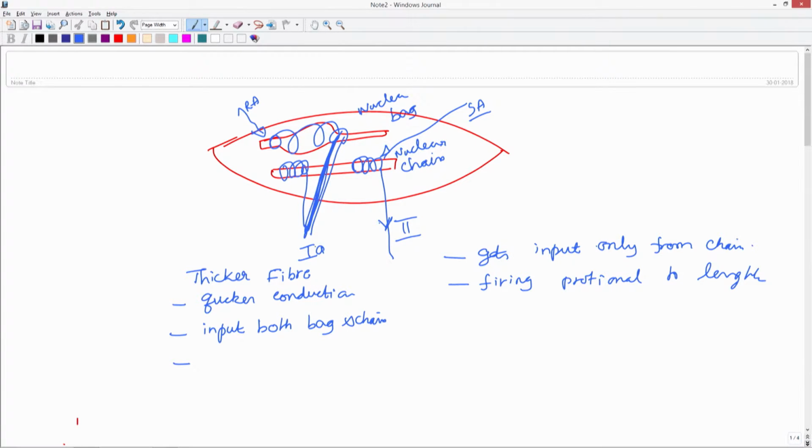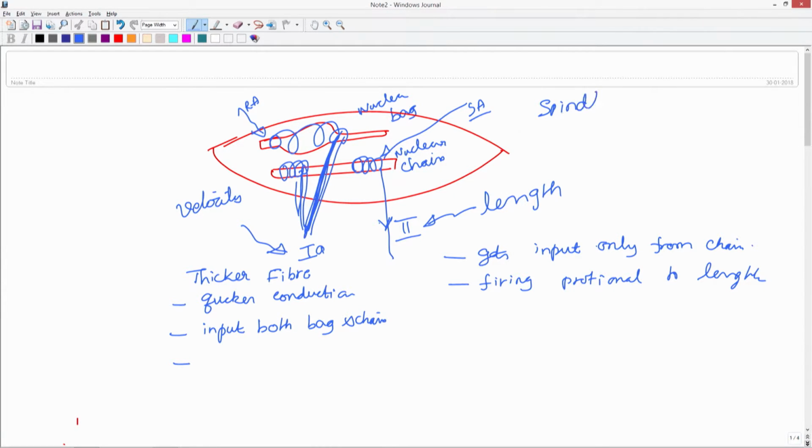But if you look at this 1A, which is getting input from both the bag as well as the chain. Okay. So, suppose you take the chain as a length measure, this can be considered as measuring the velocity. So, the nuclear chain and bag together measure the velocity of the stretch.